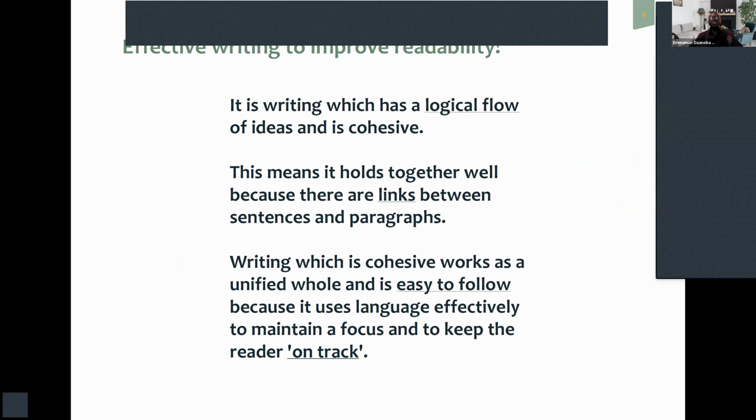Now, how do you improve readability? It is writing which has a logical flow of ideas and is what? Cohesive. Your writing should be cohesive or coherent. Every sentence should run into the other. Let me give you a typical example. You are writing something about food or the importance of food. Then you say, food is vital for the human body.